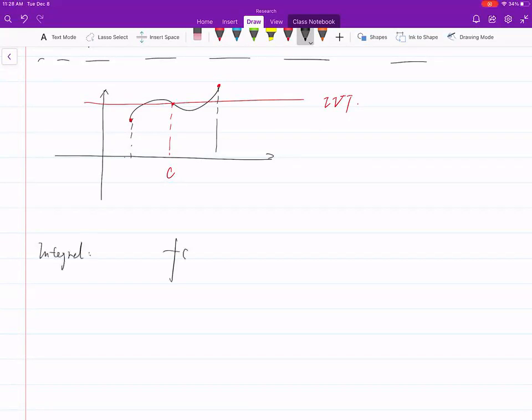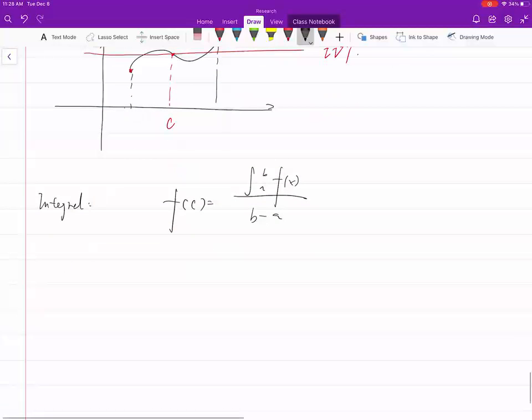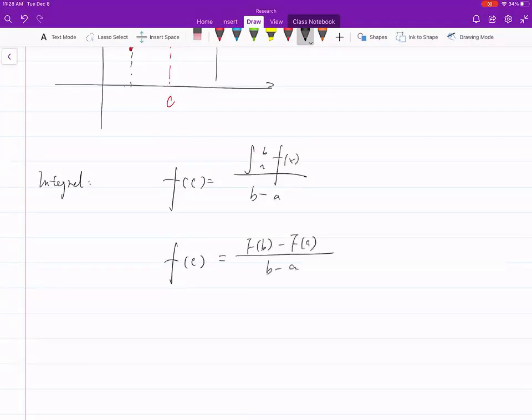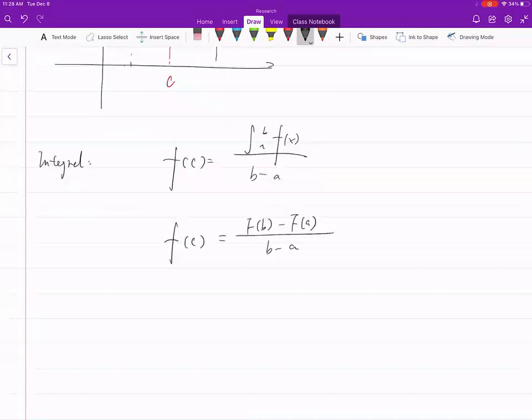It says FC equals this somewhere. Okay. Now, FC, you can write it out. It equals something like this. It's the same thing, right?